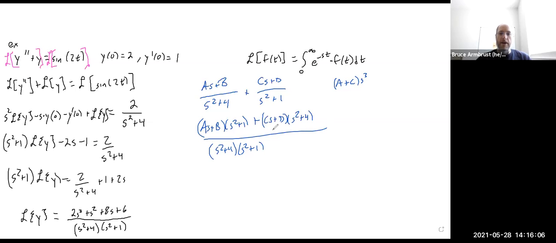For the s squareds, I'm going to get b and d, so (b plus d) s squared. For the s's, I'm going to get as plus 4cs, so (a plus 4c) times s. And for my constants, I'm going to get b plus 4d.